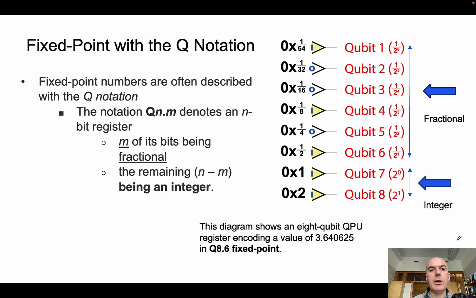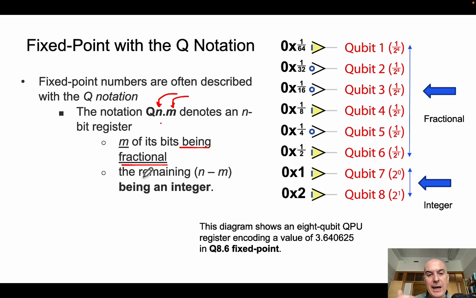Fixed point is represented using the so-called Q notation. The notation Q n.m denotes an n-bit register, so n is the total number of qubits. And m is the number of bits or qubits that are fractional.